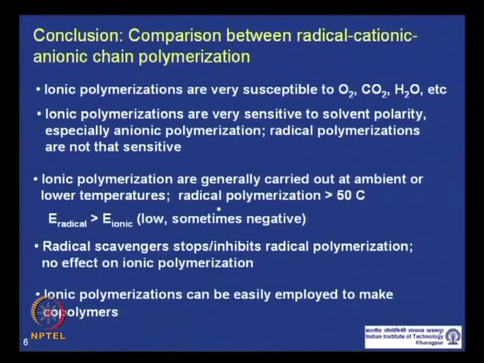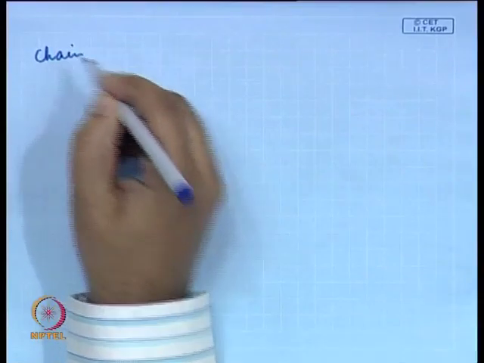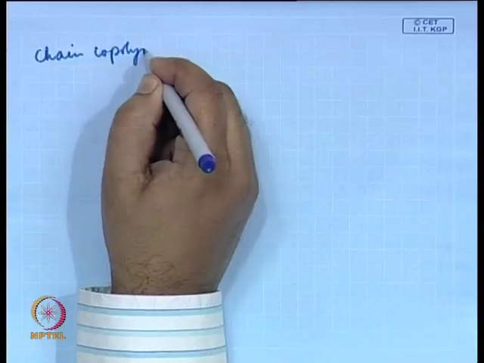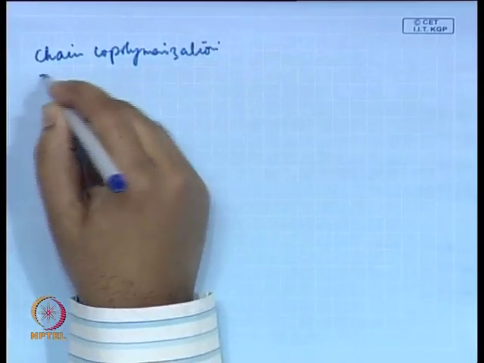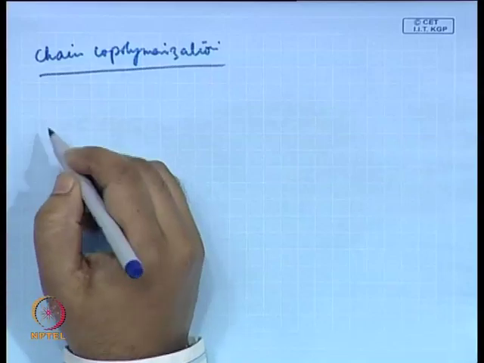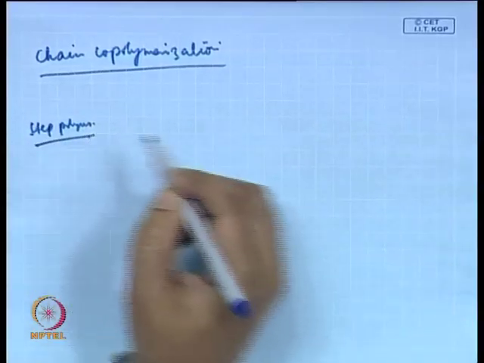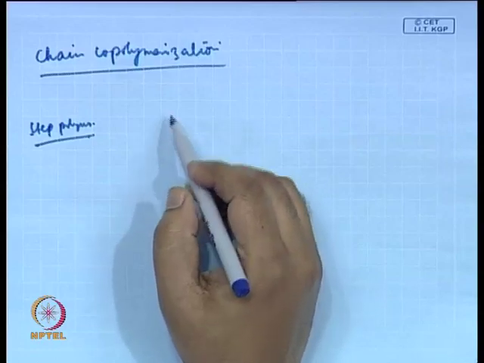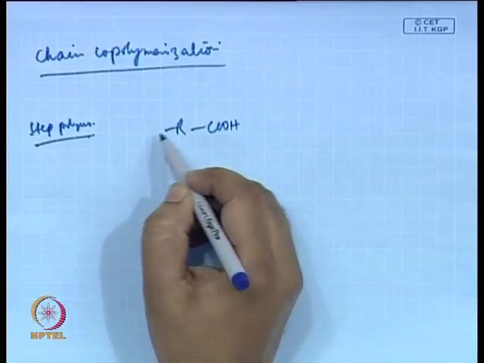What we now start is chain copolymerization. So, let us start our discussion on chain copolymerization. Now, remember when we talked about step polymers, we gave an example of how we can make a step copolymer if we have 2 different diacids.